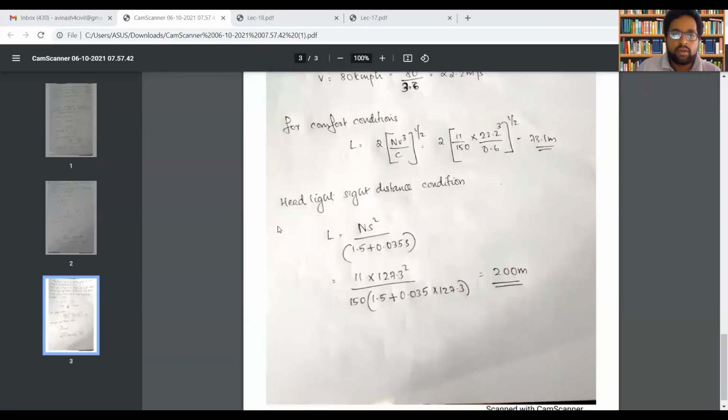So you obtain the value for the length of the curve from the comfort condition like this. Now, according to the headlight sight distance condition, L is equal to N S square divided by 1.5 plus 0.035 S.